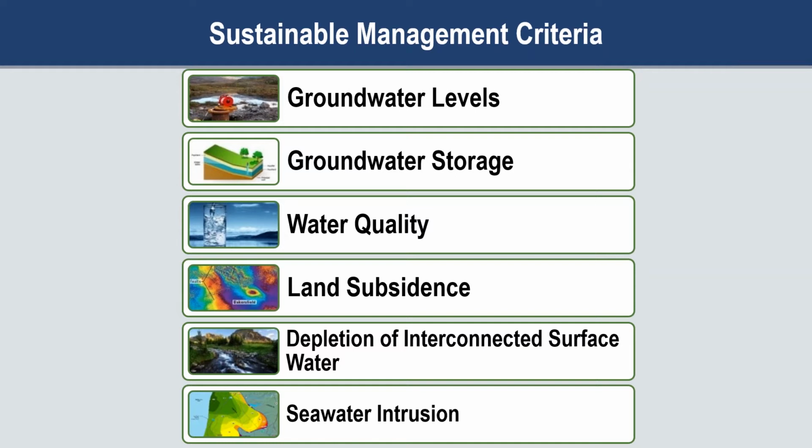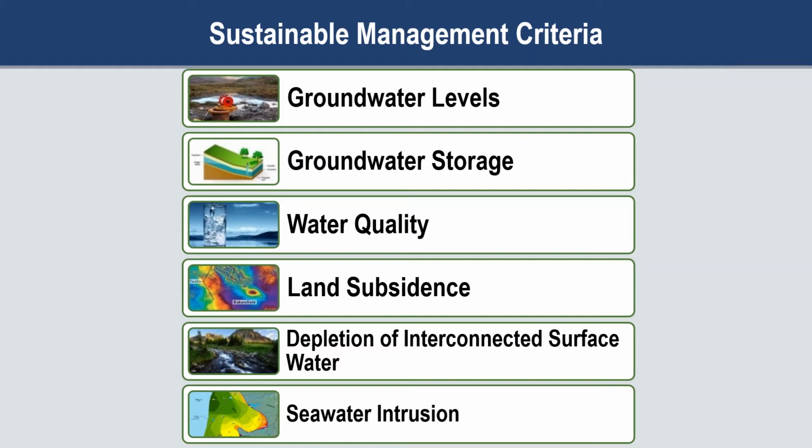Now these are the 6 sustainability indicators that are part of the GSP, but if we're able to prove they do not apply to our area, we do not need to set criteria for them. For example, we do not need to set any criteria for seawater intrusion because we are not near the ocean.